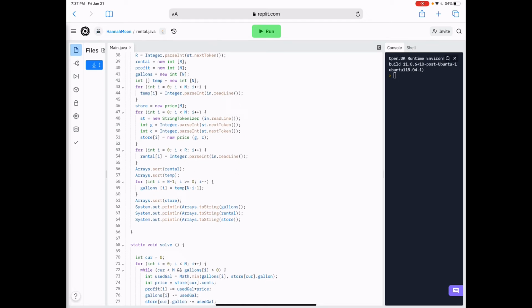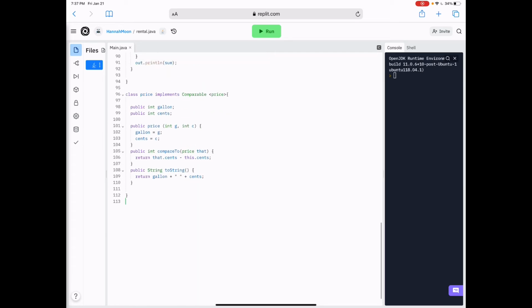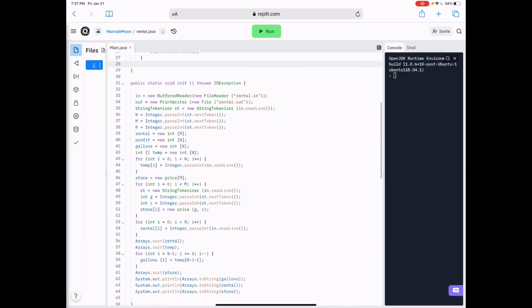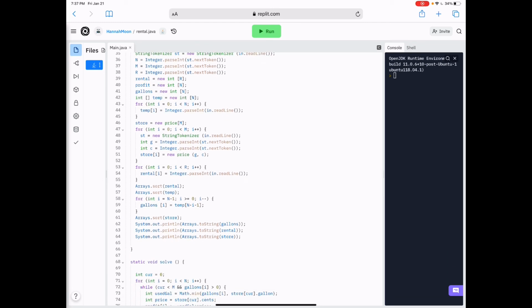Next we have the store prices. I have made a separate class to initialize them because I have the amount of gallons that they want to buy and the cents that they are willing to pay. So I've divided it into gallons and cents and put it into the store array.